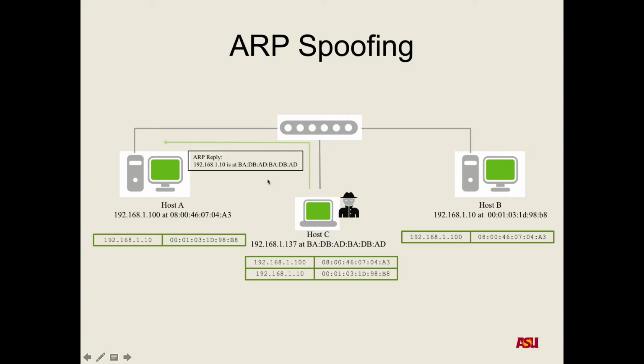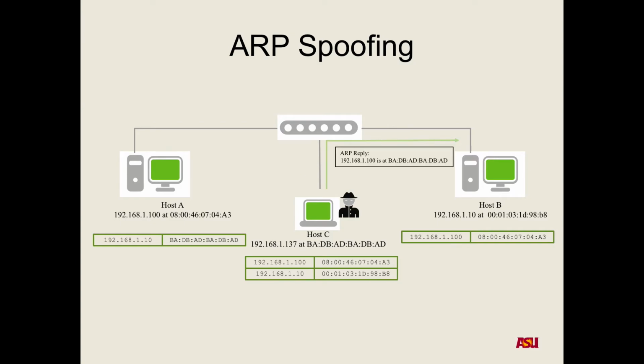And so we spoof replies to both host A and host B that say, hey, actually .10 is now at this MAC address. And host A goes, cool, updates its ARP table. We send a similar packet to host B, but with .100, which is host A's IP address, and it says, cool, updates its ARP table.